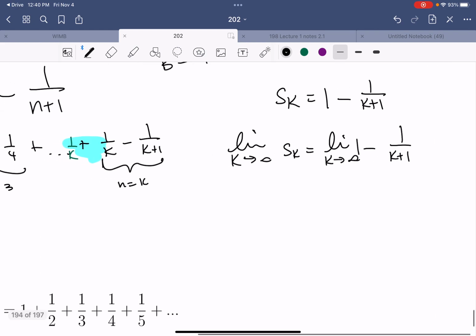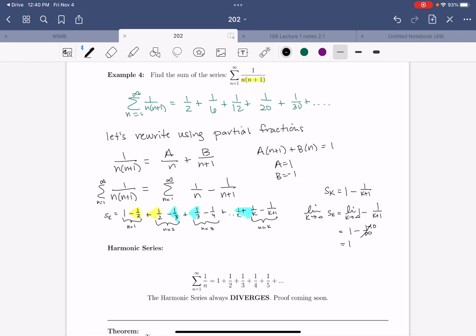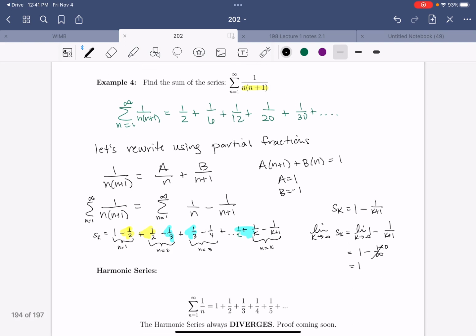And when we plug in that infinity, that becomes 1 minus 1 over infinity. This goes to 0, and I get 1. Okay, and so this is a telescoping sum where the middle all condenses, and I get the first and last term only. And if I take the limit, I can find the sum. Okay, so that's what it means to be a telescoping sum.